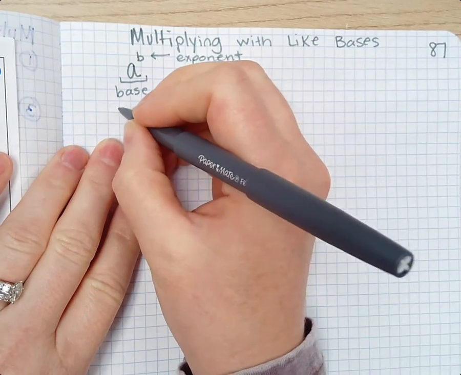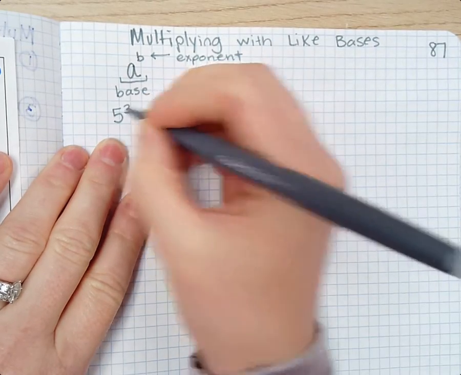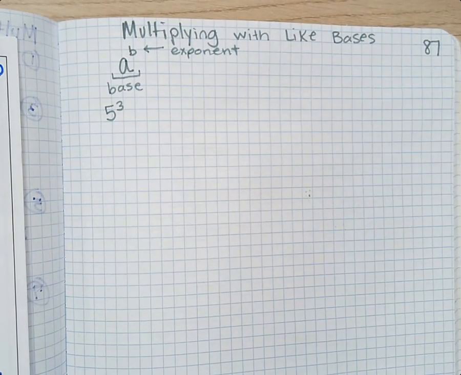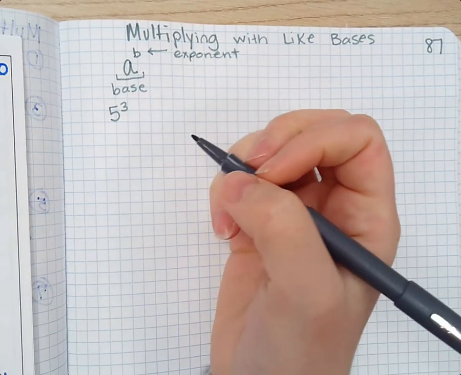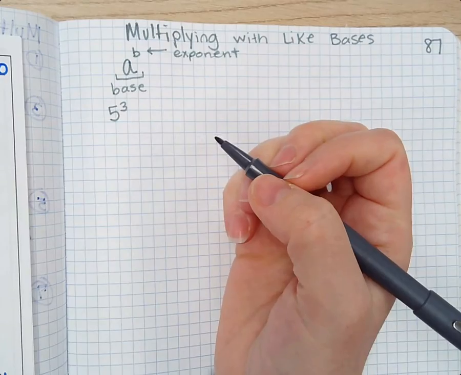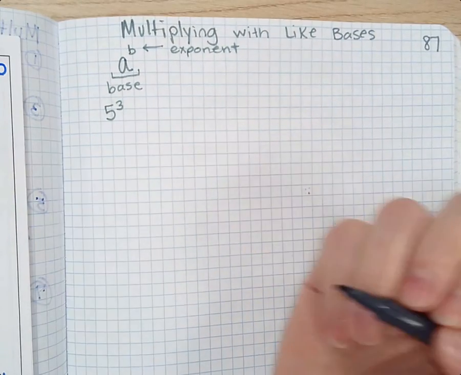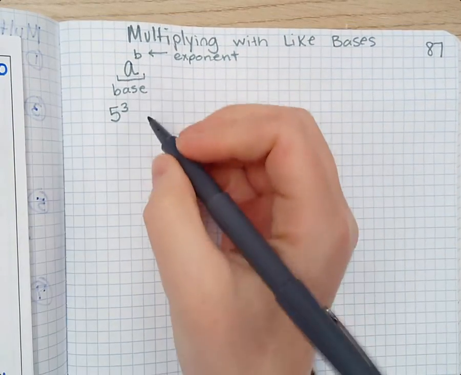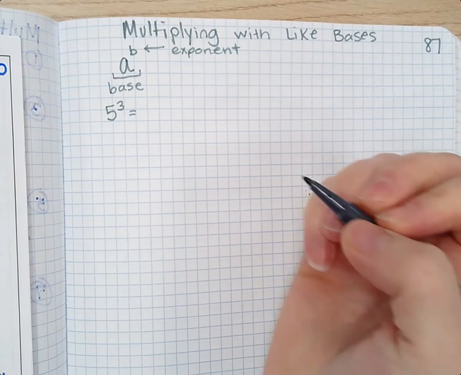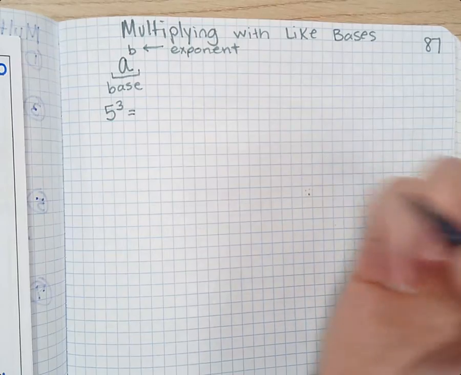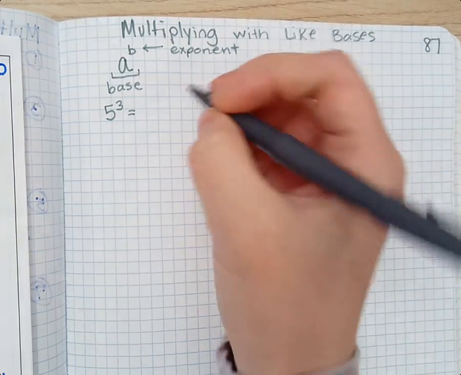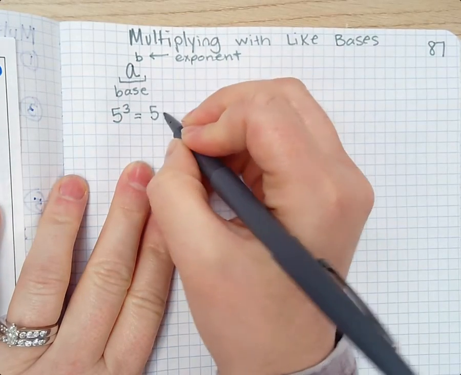So if I say 5 to the third, let's talk about how we can get that. What kind of thinking would you do in order to find what 5 to the third is? What does that actually mean? 5 times 5 times 5.